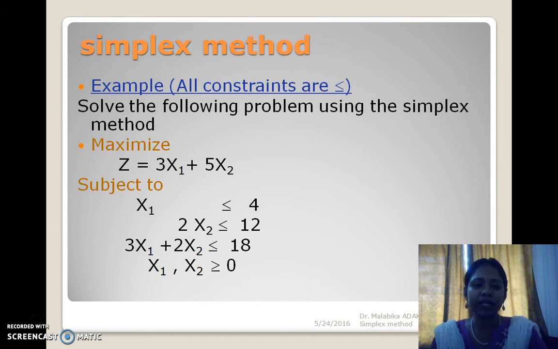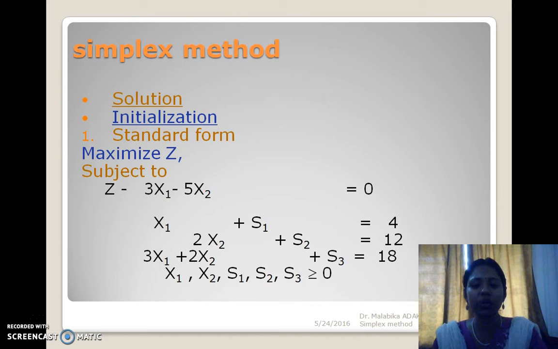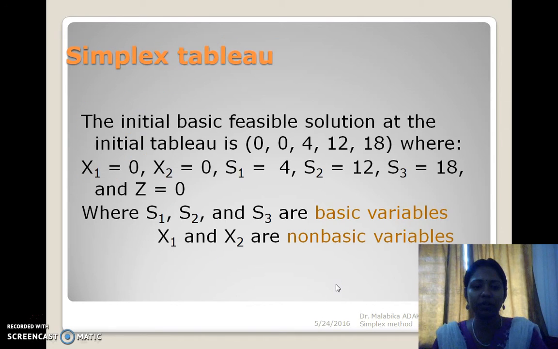Here is one example maximization problem. Z is equal to 3x1 plus 5x2, subject to x1 less than or equal to 4. So all constraints are of less than or equal to type. So that's why we are introducing the slack variables S1, S2, S3, and all variables should be non-negative.